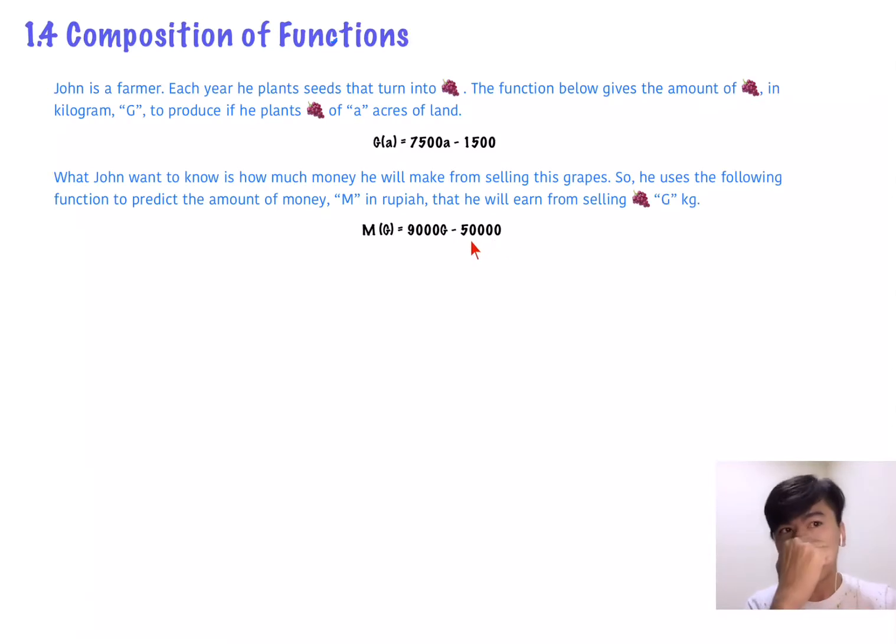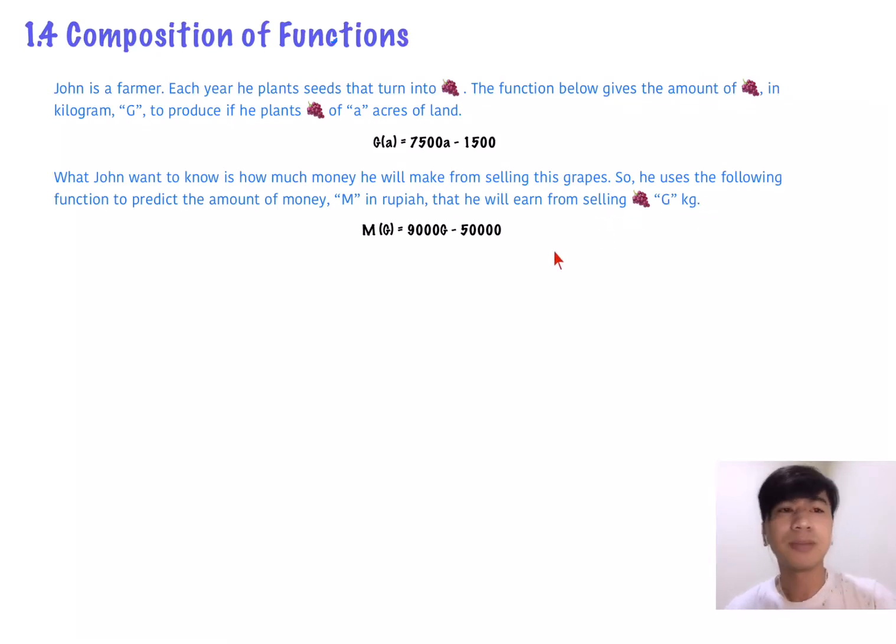So if he sells only 1 kilogram, then that will be 9,000 times 1 minus 50,000, which is negative 41,000. So he will get a loss if he only sells 1.